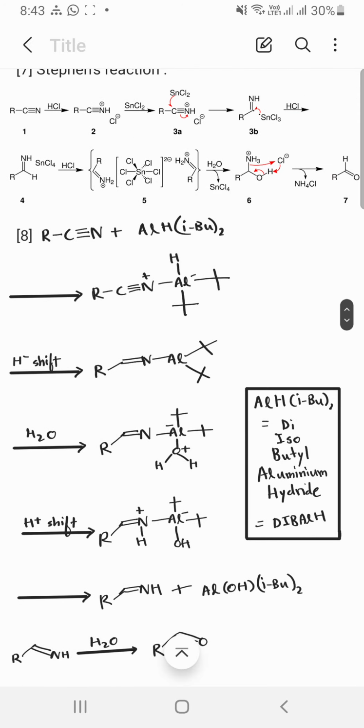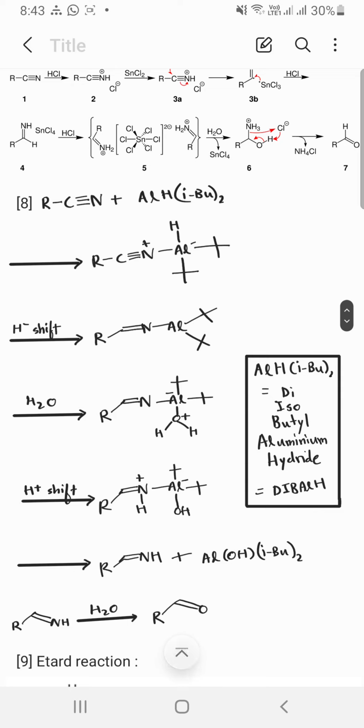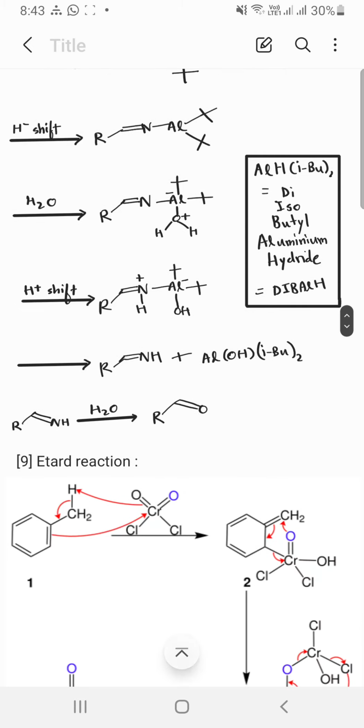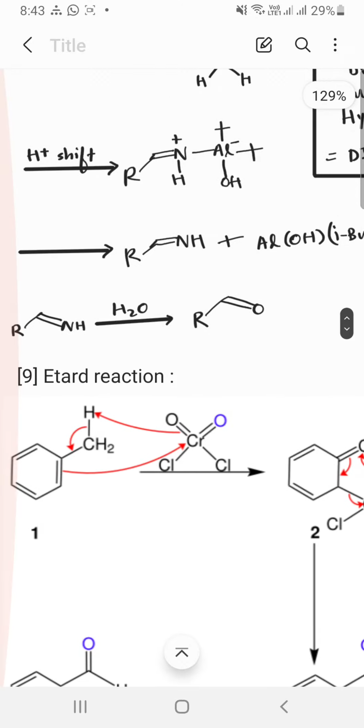So as we saw, LAH just straight away converts this thing to an amine, but DIBAL-H, depending on the number of equivalents that you put in, if it's just one equivalent, then it converts it into, what is this thing? Yeah, into first an imine, and then when you hydrolyze it just gives you aldehyde or ketone or whatever.